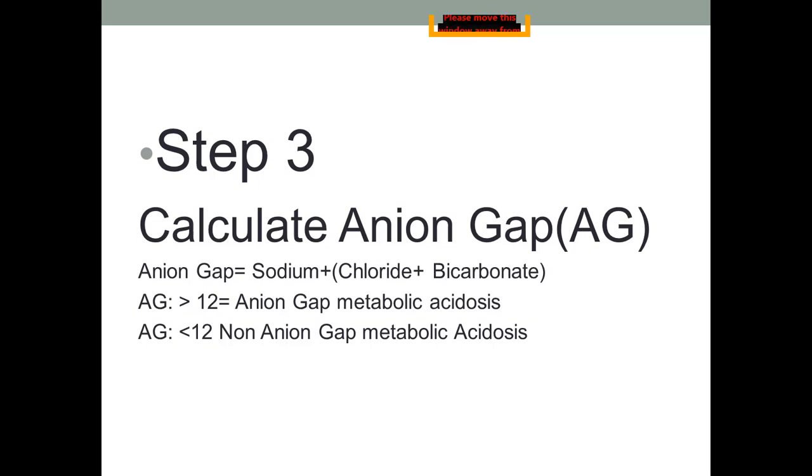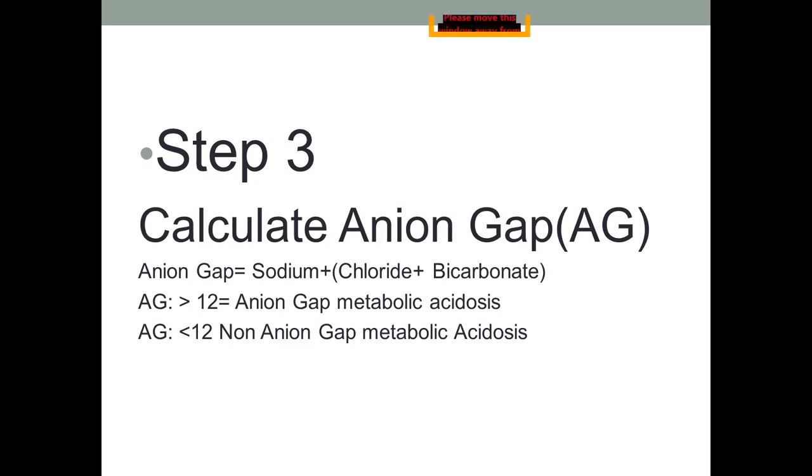So they attach to each other. And if there is some gap, a deficiency or increase of some anion or cation, there will be acid-base disturbance and the patient will be at risk of cardiac arrest.